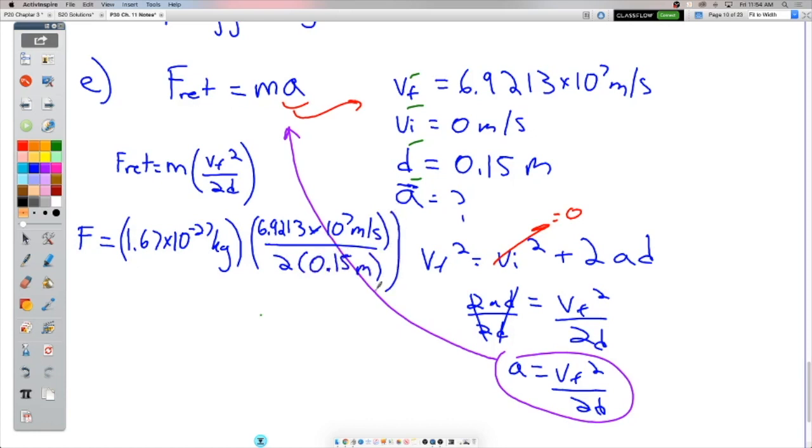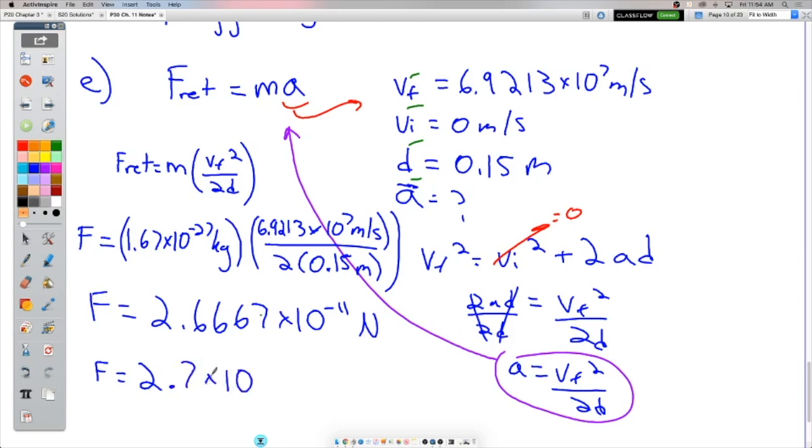And so crunch the numbers, you'll get that the force exerted per hydrogen ion is 2.6667 times 10 to the negative 11 newtons. Or to our 2 sig digs, the force exerted per hydrogen ion would be 2.7 times 10 to the negative 11 newtons.